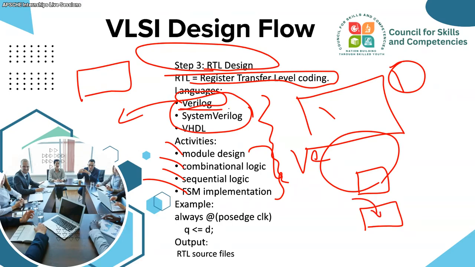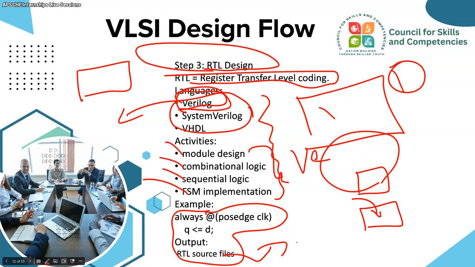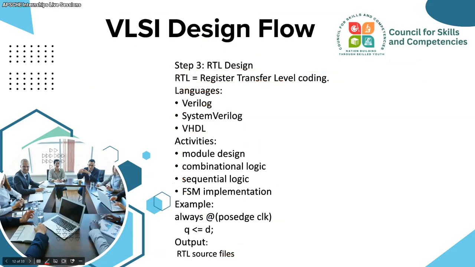We will write a Verilog code for that OR gate, AND gate, and try to convert that into the hardware level. So this is some example Verilog code. After the code, they will give the source file, then use a compiler, and then go and use it. That is the idea behind it.